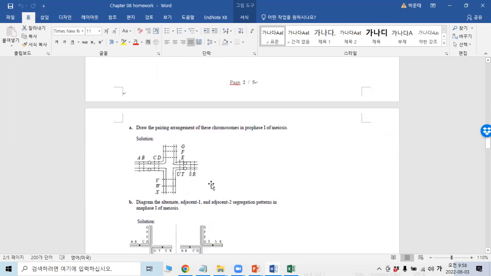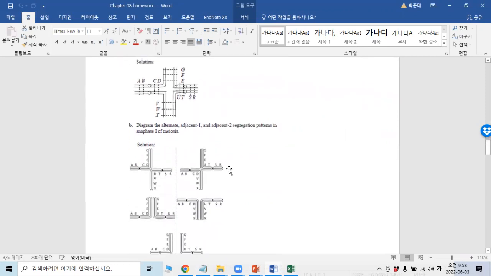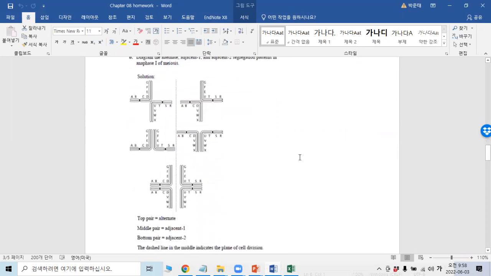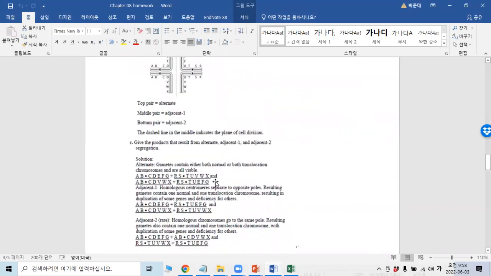You have to know, and also you have to diagram the alternate, adjacent 1 and adjacent 2, like this. And also you have to write down their genotype.